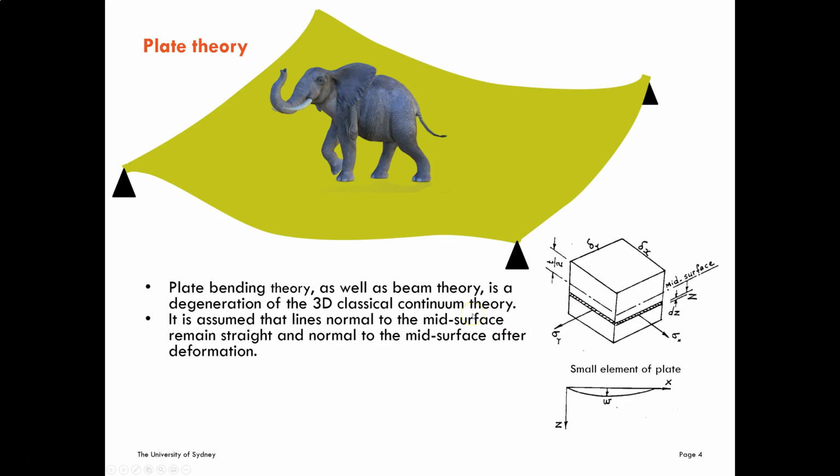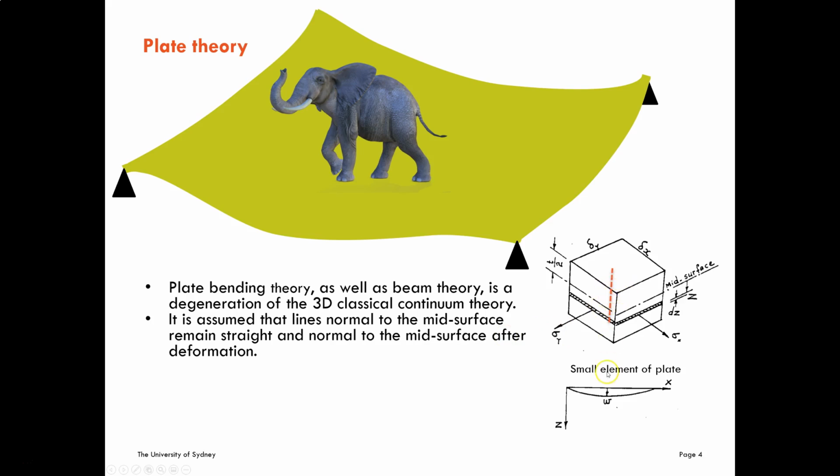So let's put a straight line. This is a straight line in the mean surface. We are going to assume that this line remains straight after deformations. Straight, but it can rotate with respect to the x direction or with respect to the y direction. So these are the assumptions.